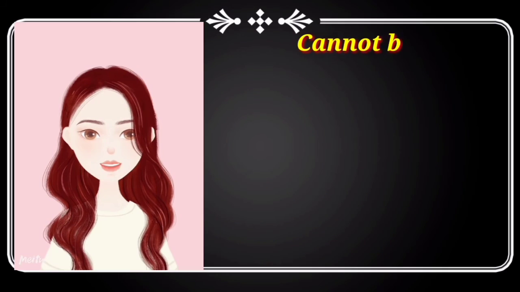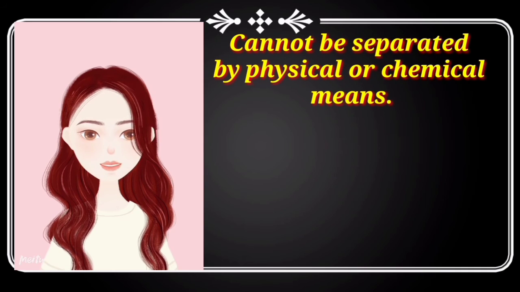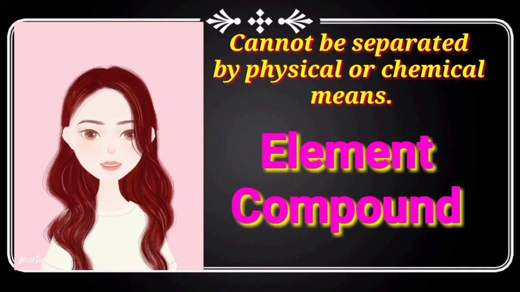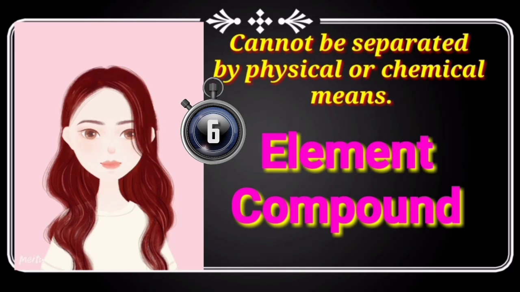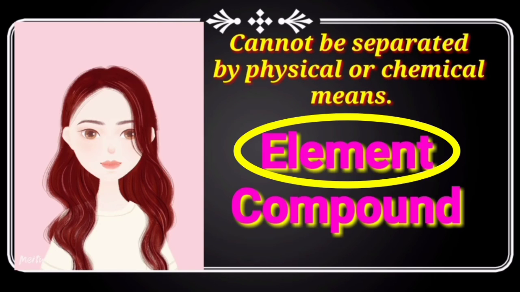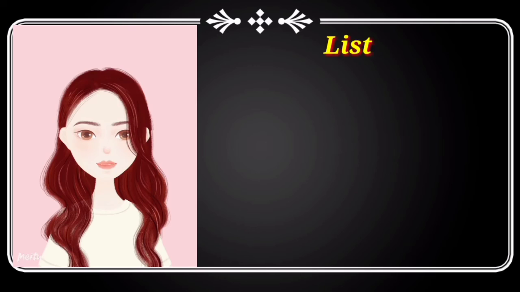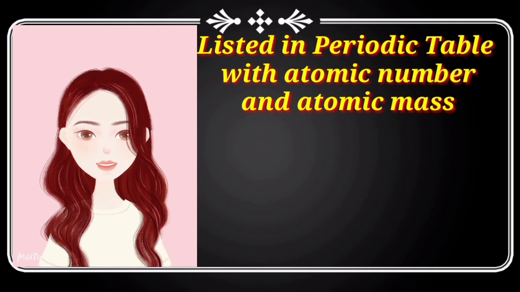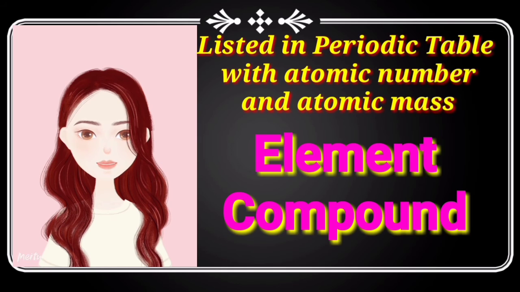Correct. Compound. Cannot be separated by physical or chemical means. Element or compound? Correct. Element. Listed in periodic table with atomic number and atomic mass. Element or compound?